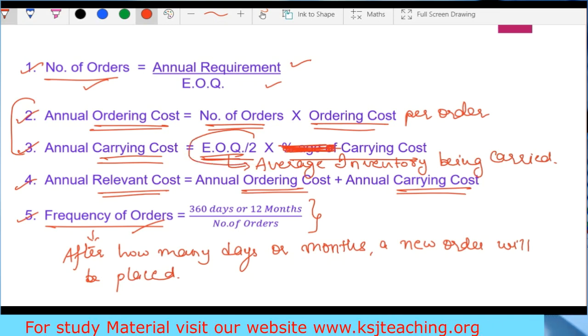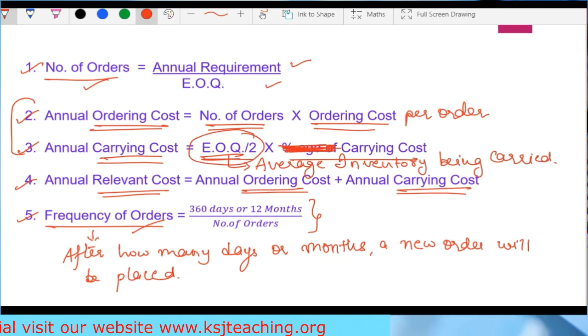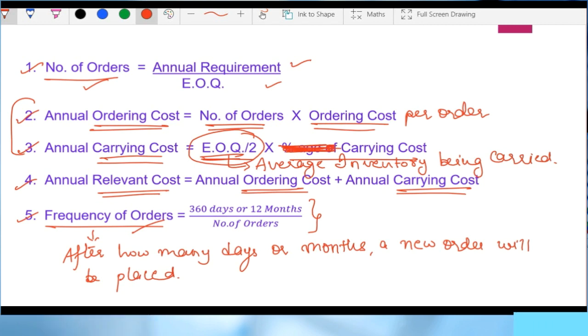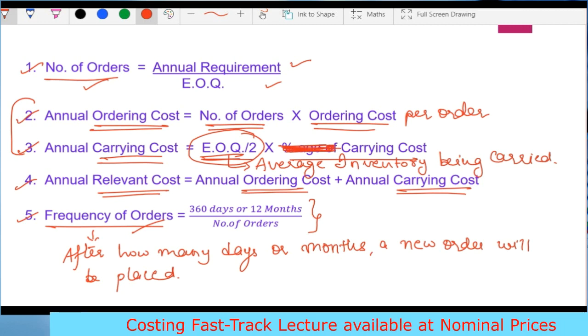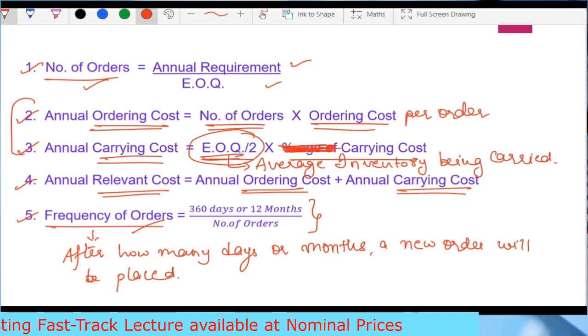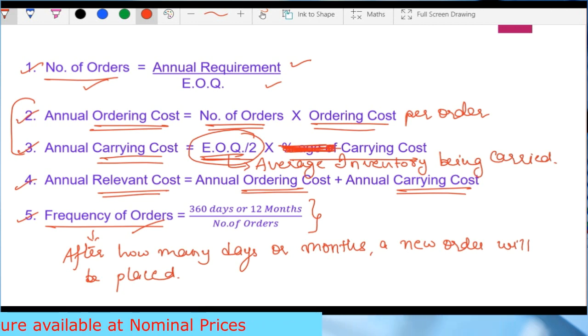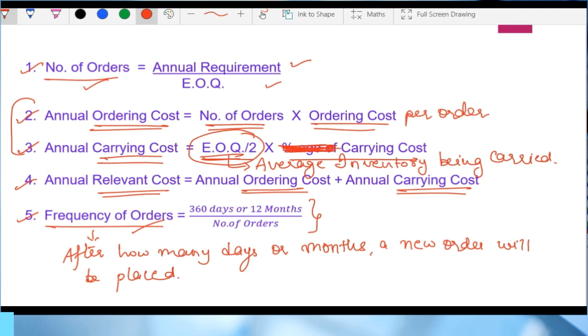Don't forget to take the average inventory. Why are we taking the average inventory? Because we are not going to carry the same inventory throughout the period. Inventory will come, it will be issued to production, new inventory will come, and it will be issued to production. So we are not carrying the same level of inventory throughout the year. That is why we are taking the average inventory.